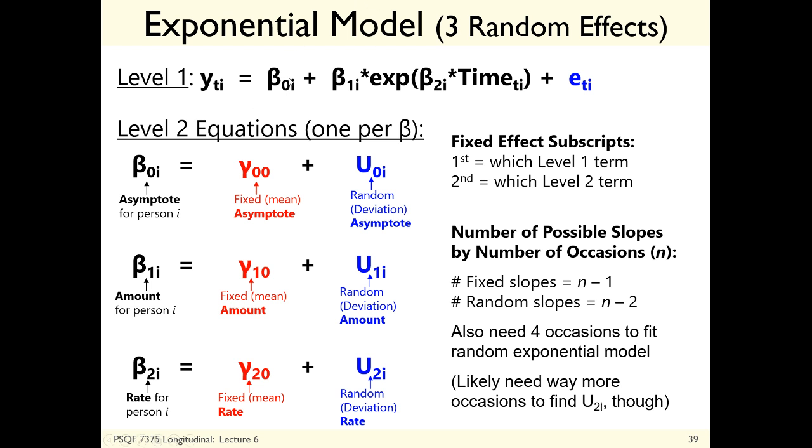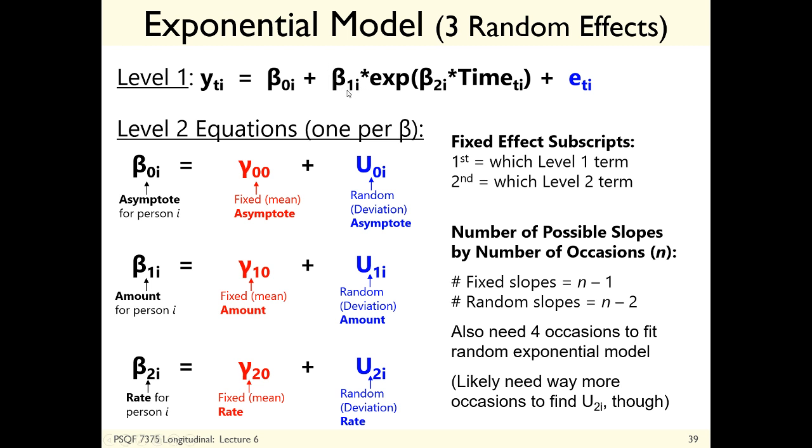Beta 0 so far has always been intercept. Now it's asymptote. It's where we end up after all of the change has taken place. Where you end up on average is the fixed asymptote, and how far off yours is, is the random effect. It's still an intercept-like parameter though, because it's individual differences in some kind of level.